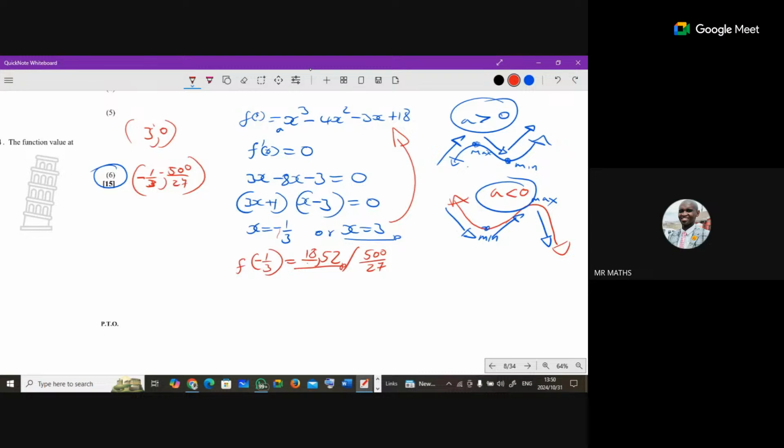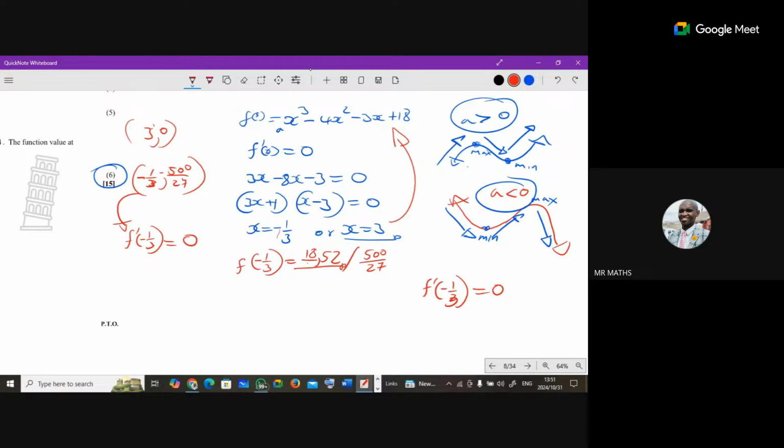All right, okay. So what do we know? We also know that the derivative f prime of negative 1 over 3 has to give us 0. Do you know that? So now the interest is that if you take f prime of negative 1 over 3, you are supposed to get 0.